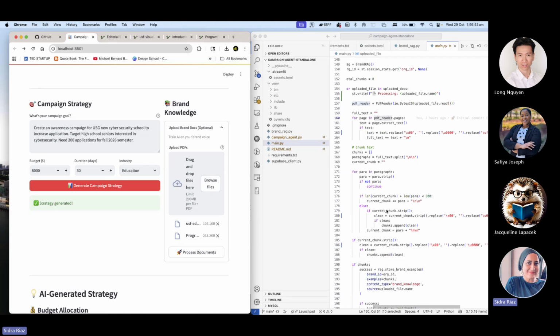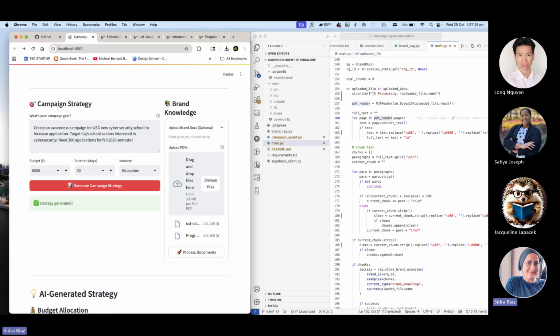You can see over here, we read page by page, and this is important because we clean out null bytes and also weird characters that crash Postgres if you don't strip them. We learned the hard way when our first upload failed with an unsupported Unicode escape sequence, and we had to go back and fix this. So this was a learning curve for us too.